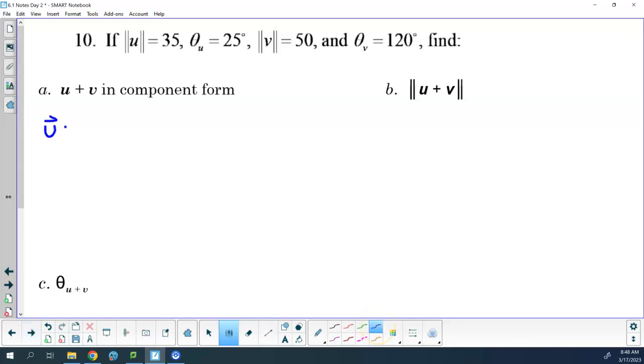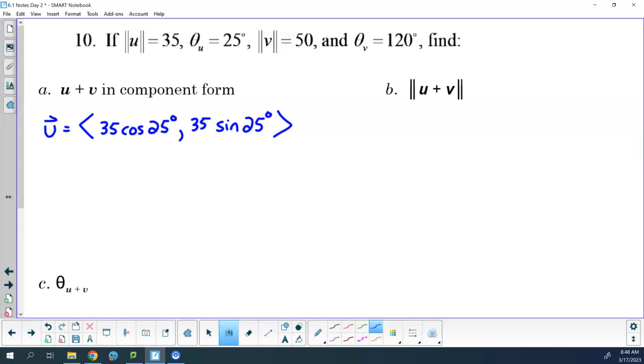Vector u is going to be 35 times the cosine of 25 degrees, comma, 35 times the sine of 25 degrees.